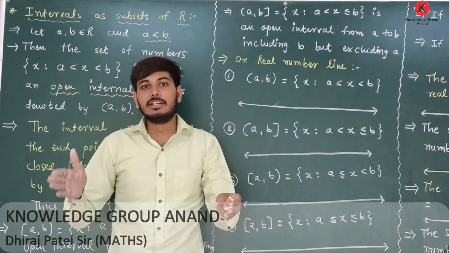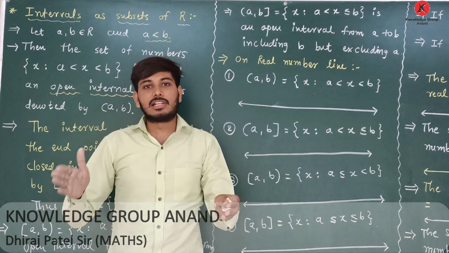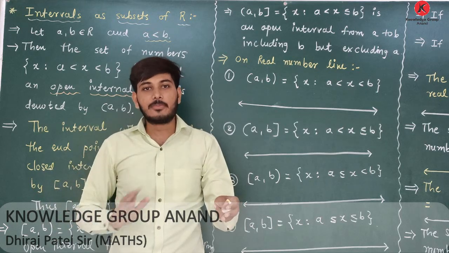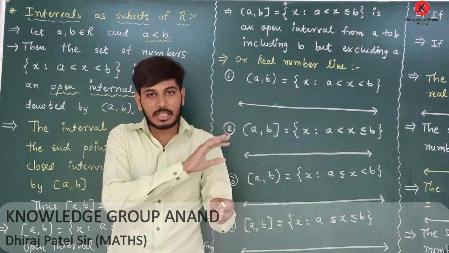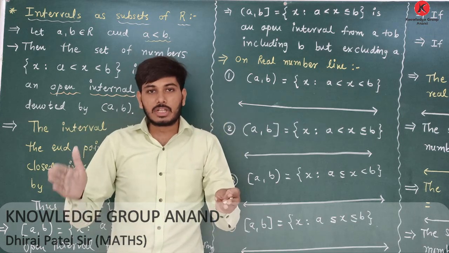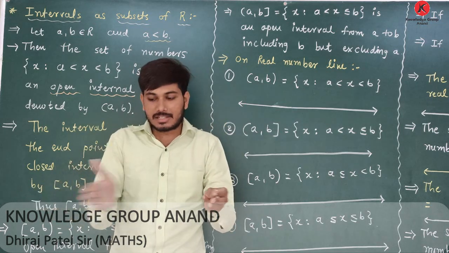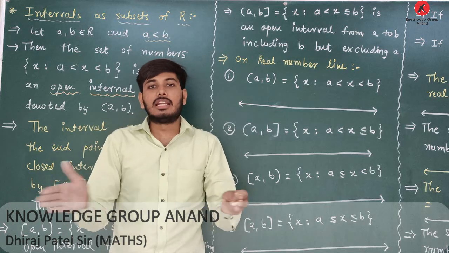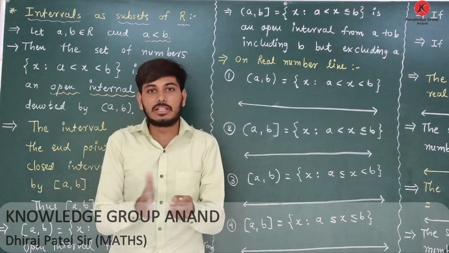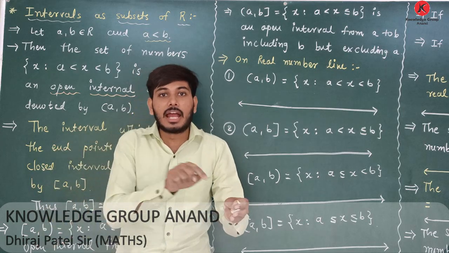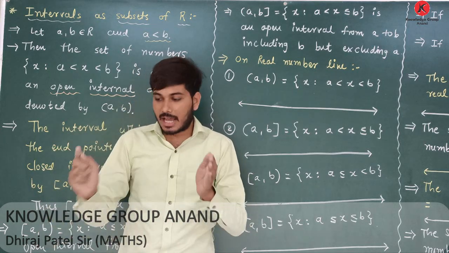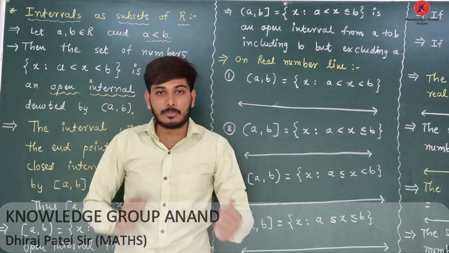On the number line, A is to the left of B, and B is to the right of A. Therefore, we require all the x such that A less than x less than B. That means all the x lie between A and B.